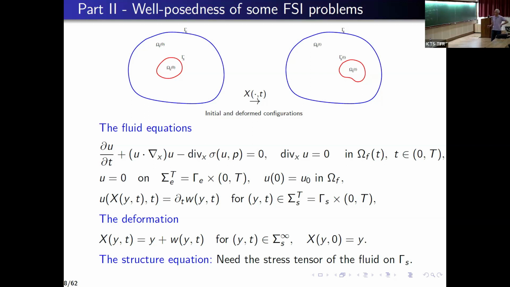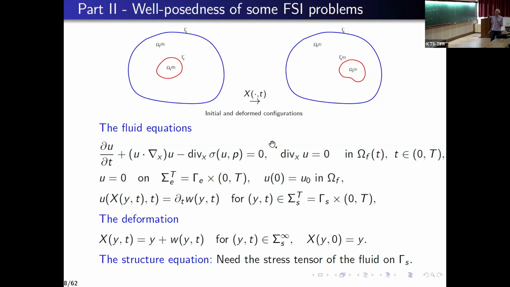What are the boundary conditions? So at the exterior boundary here, to simplify, I assume that u is equal to 0. This is the exterior boundary. But at the interface between the elastic body and the fluid, the velocity of the fluid is given by the velocity of the displacement of the elastic body.